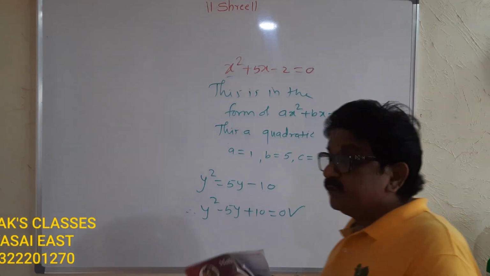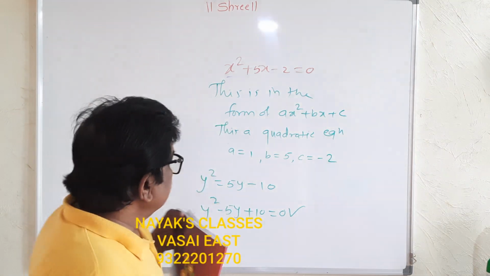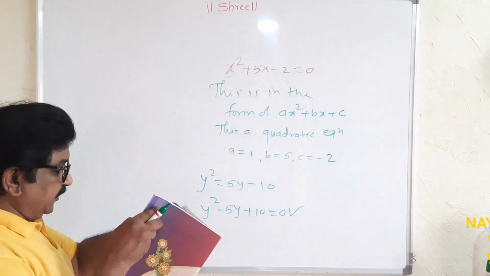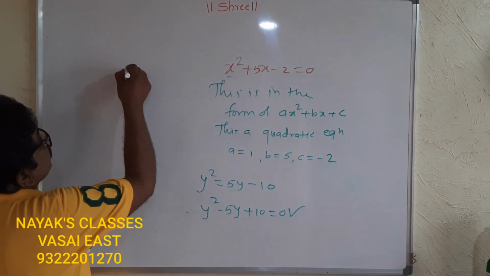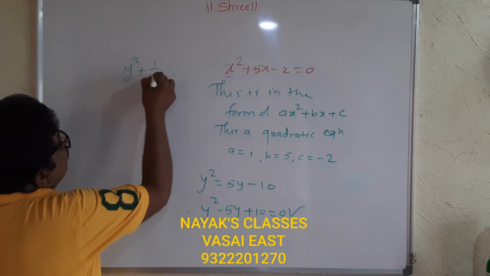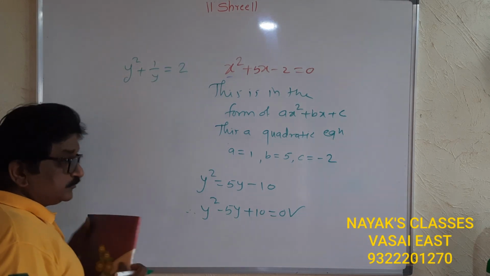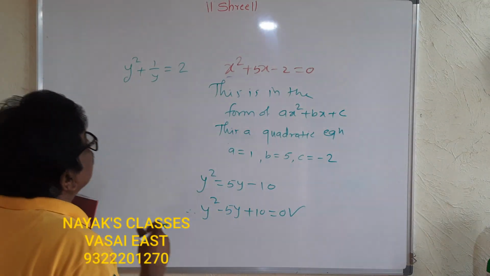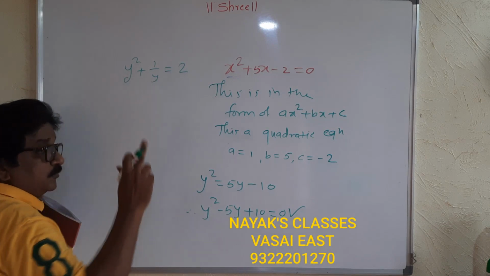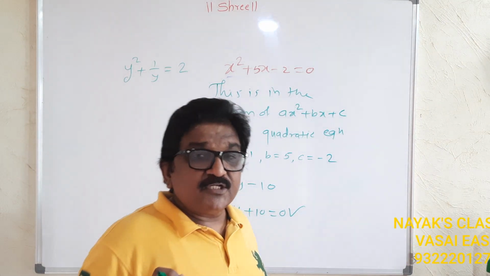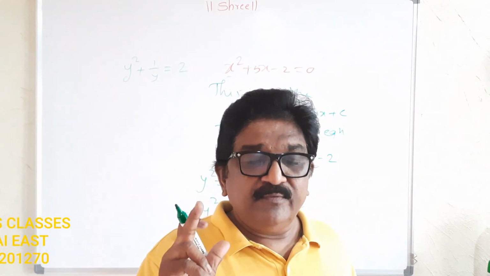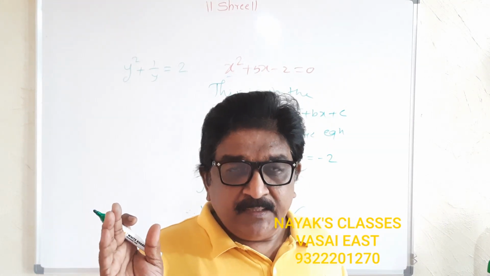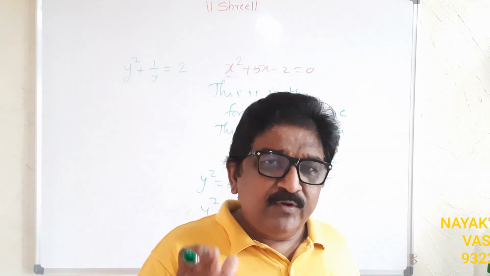We are taking the third equation. It is y square plus 1 upon y is equal to 2. Let us check. In linear equations also we have studied that the variable should not be in the denominator. We have to remove it. How will we remove it?